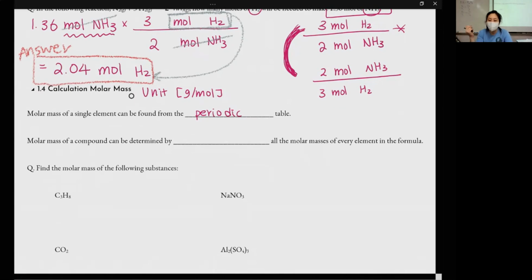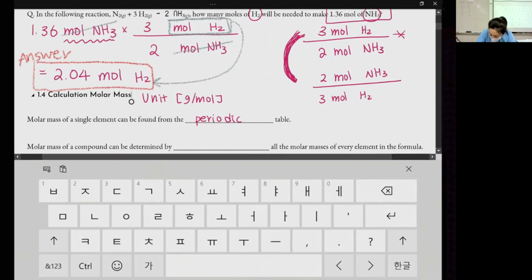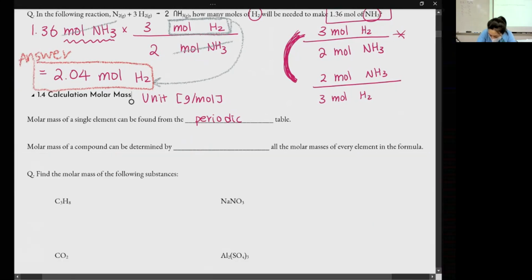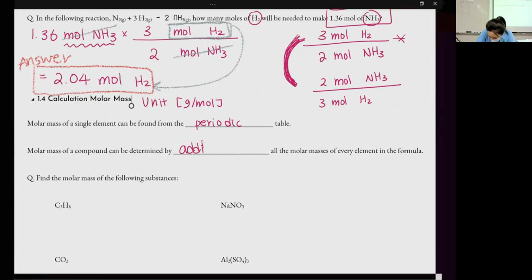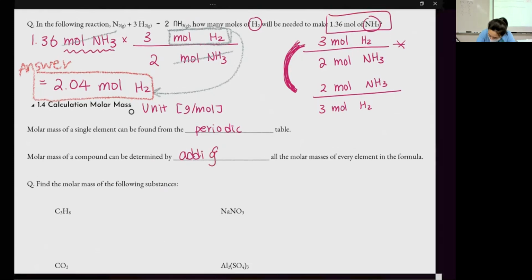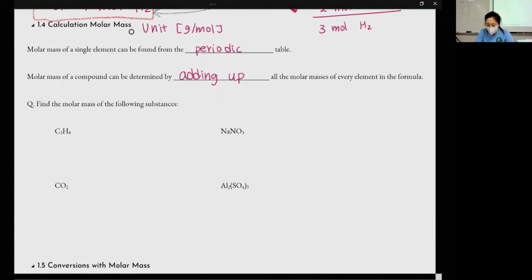It can be determined by adding up all the molar masses of every element in the formula. So that's what we'll do when we are going through these molar masses.